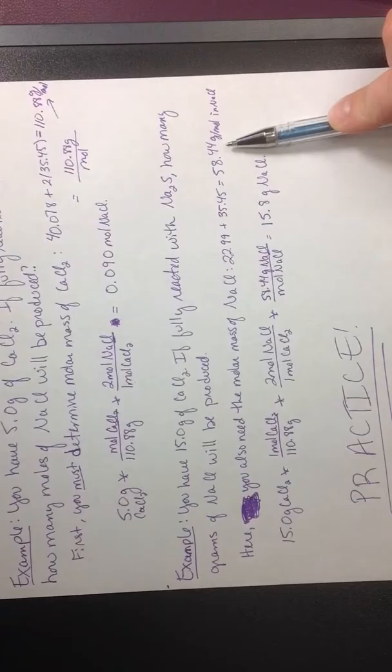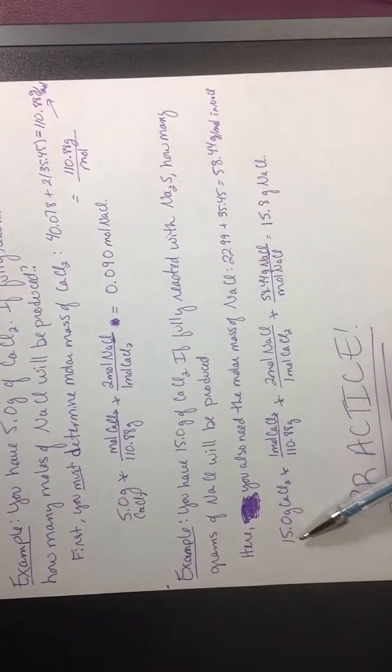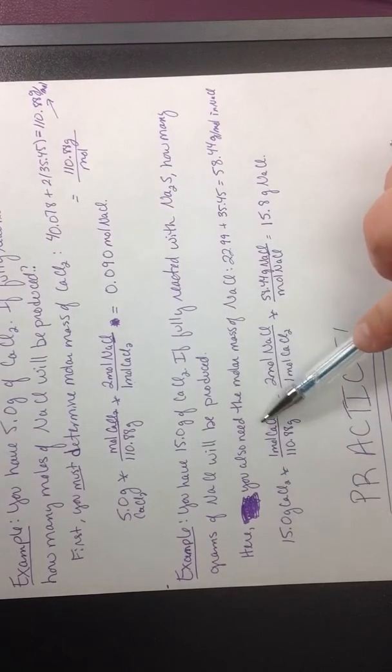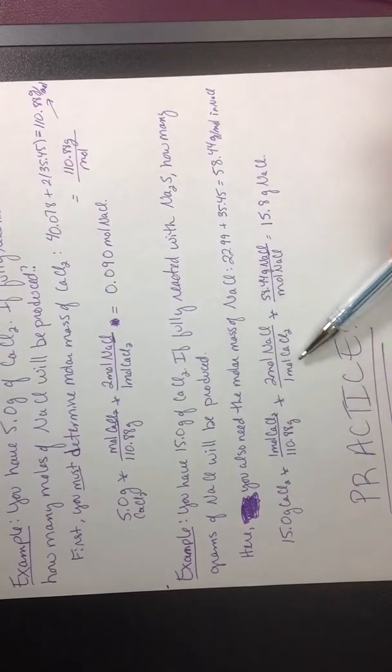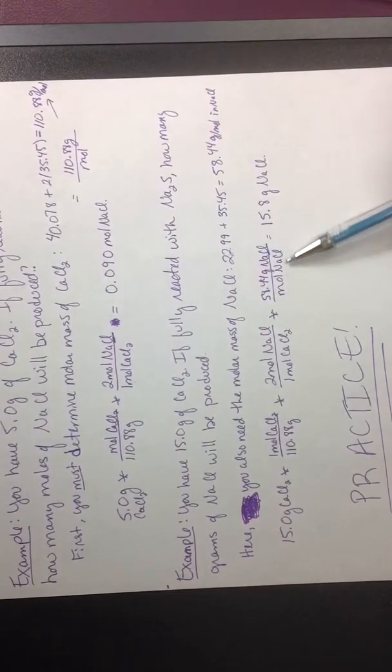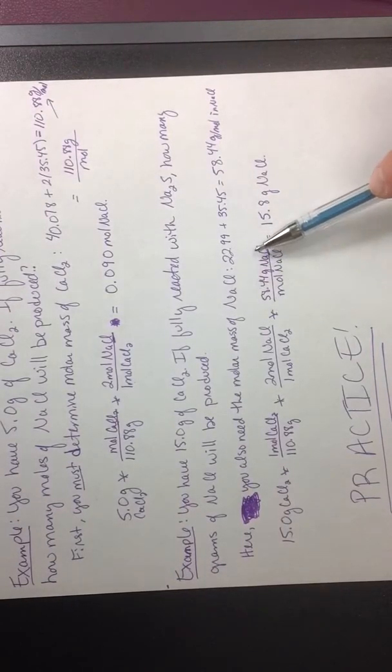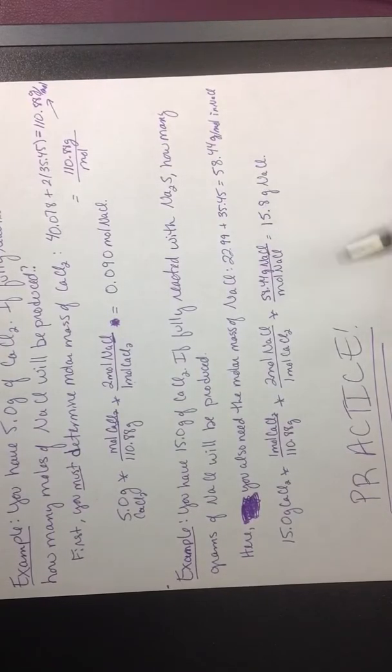We've got that. Okay. So 15 grams, and here we convert it into moles of CaCl2. Then here's your molar equivalent. Here we go back to the grams of NaCl using the molar mass there, and that tells you how many grams of NaCl you can produce.